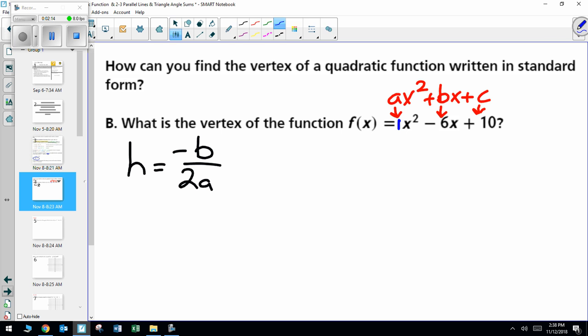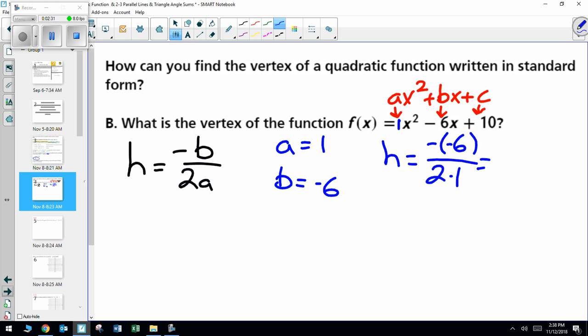But in this case, a is 1, b is negative 6. So if I plug that in, my h value is going to be negative negative 6 over 2 times 1, which is going to give me 3. Remember, double negative is going to cancel out.